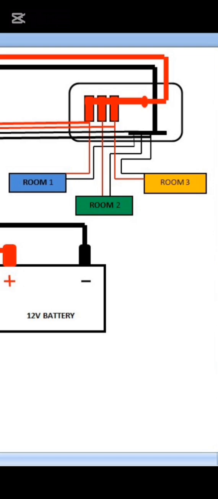And that is why it's advisable to turn off the circuit breakers of room 2 and room 3, so that only the AC current from the inverter will supply room 2 and room 3.